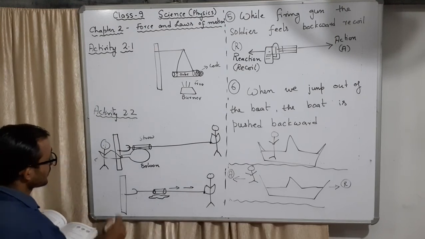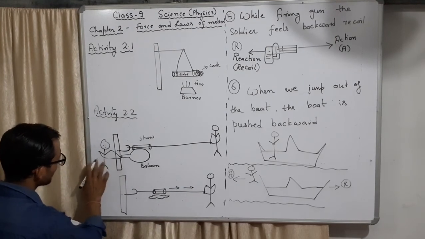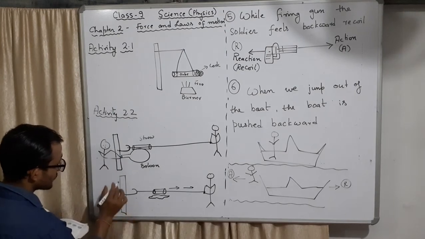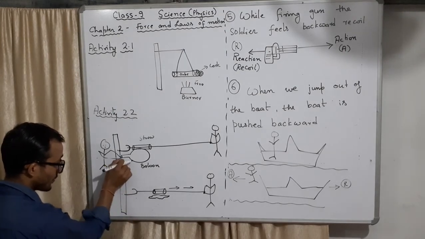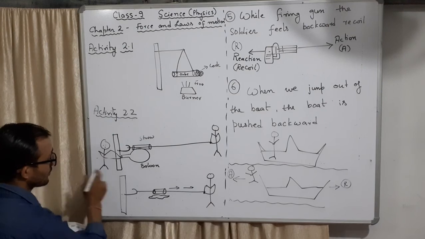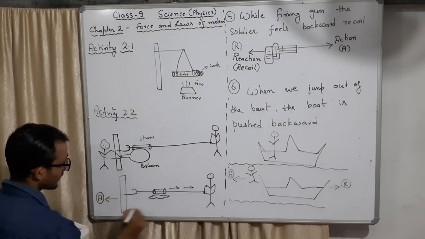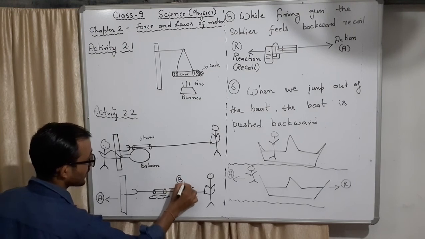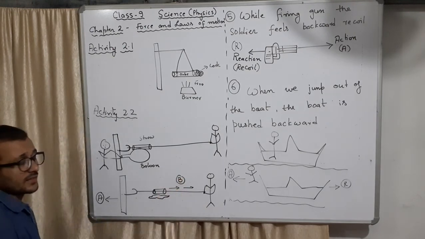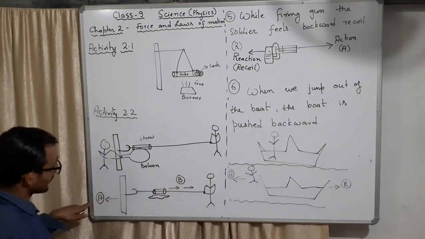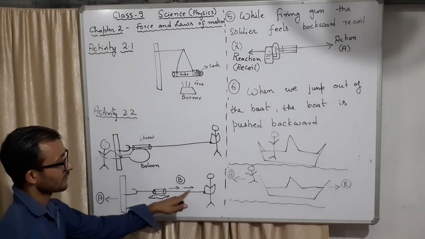Understand? What happened here is important. When he released the balloon, all the air will come out from this direction, giving this action force, and then the reaction will take it in this direction. So this is an example of, with every action there is an equal and opposite reaction.